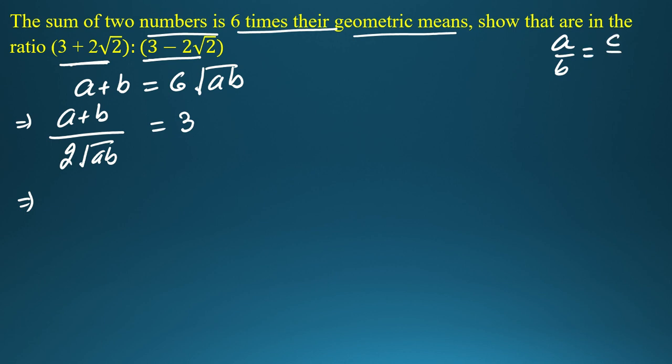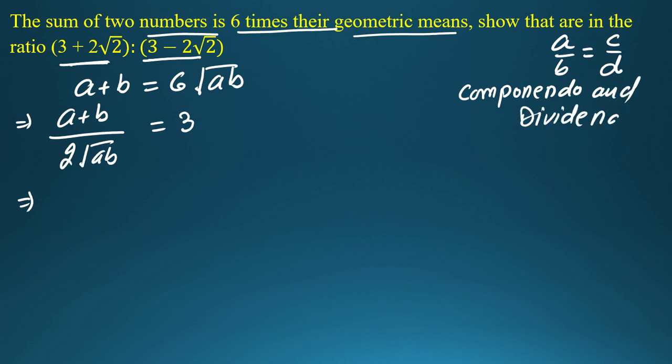If a upon b is equal to c upon d, then by componendo and dividendo, I am writing the spelling, because normally students of grade 11 forget this theorem. Componendo and dividendo. If you want, you can take the screenshot. This is a plus b upon a minus b equal to c plus d upon c minus d.